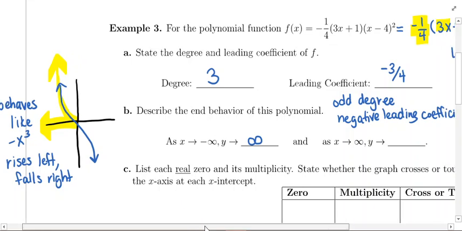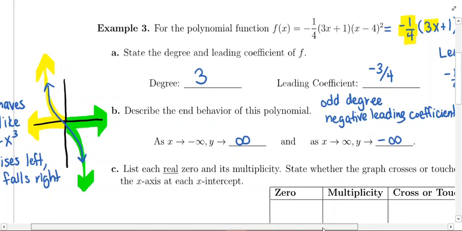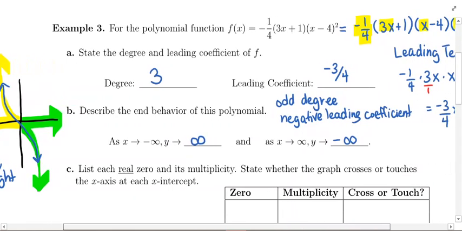And then you have to make the second statement of what happens as your x values approach positive infinity. So if your x values are getting more and more positive in this direction, their y values are getting more and more negative. So their y values are approaching negative infinity. So this statement: as your x values approach negative infinity, their y values approach positive infinity.